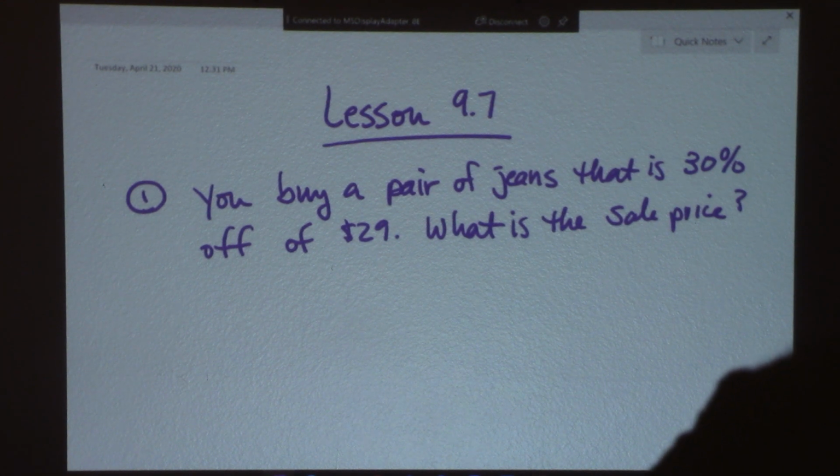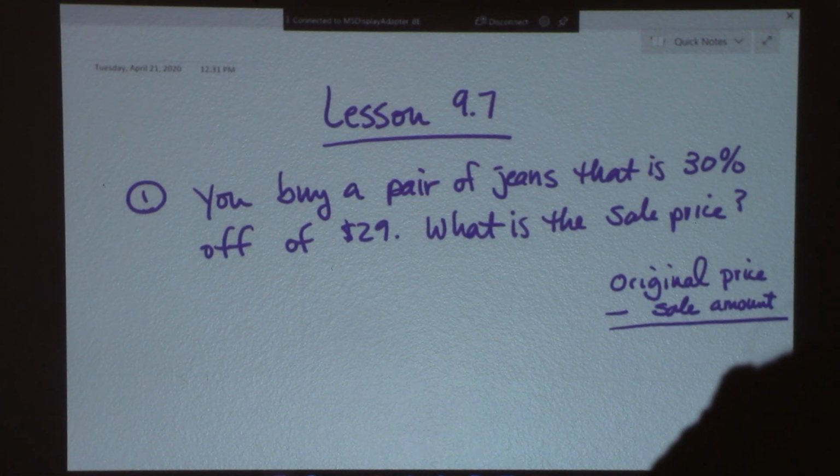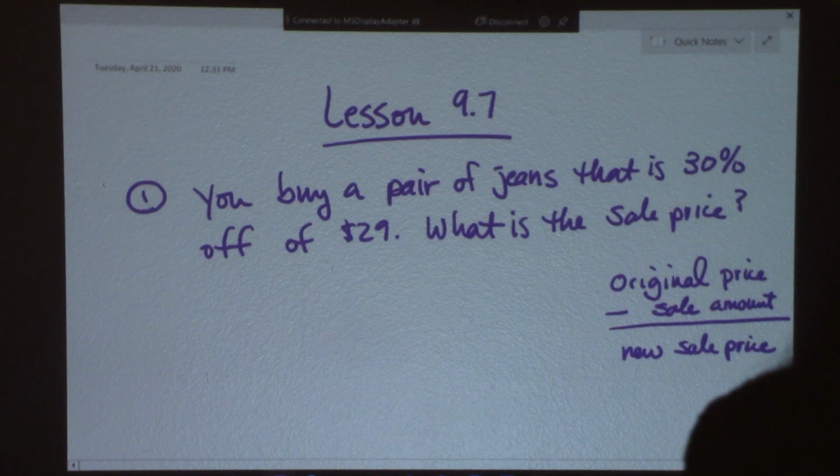What we do is we take our original price and I subtract the sale amount to get my new sale price. Okay? So if you look at this, we see that the original price is $29.